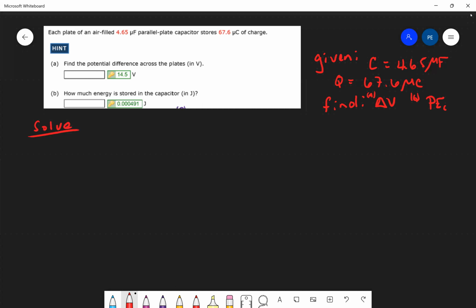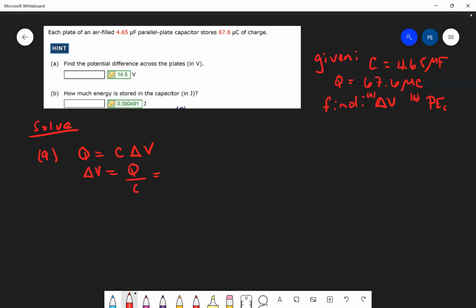All right. So for part A, if we want to find that potential difference, we can do that by looking at the equation for the charge. We know that the charge is equal to the capacitance times the potential difference. So we need to isolate potential difference in this equation. The potential difference is equal to the charge divided by the capacitance.